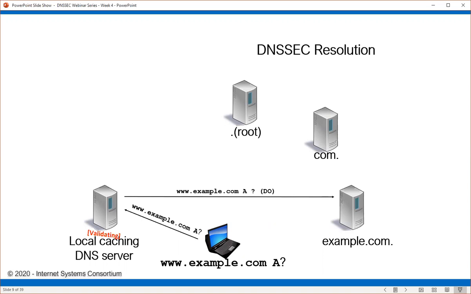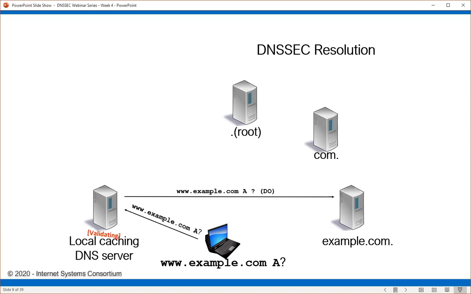We're going to skip over the part where it figures out where the example.com servers are and go right to the part where we're doing the lookup for the A record from the authoritative server for example.com. Now there's something a little bit different here. We're asking for the A record for www.example.com, and we don't know the answer. In this case, we are setting a new bit in the EDNS header.